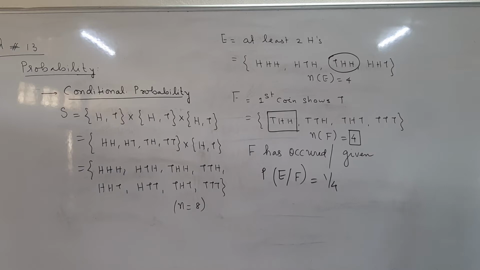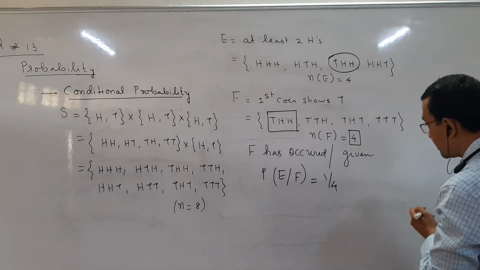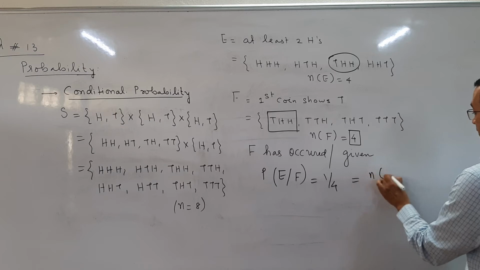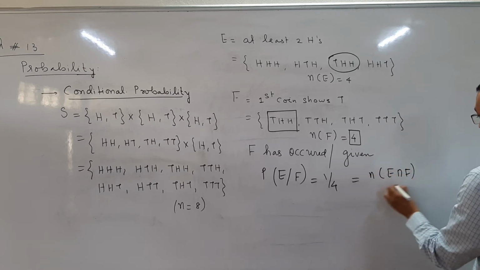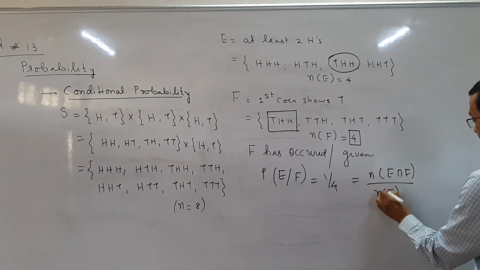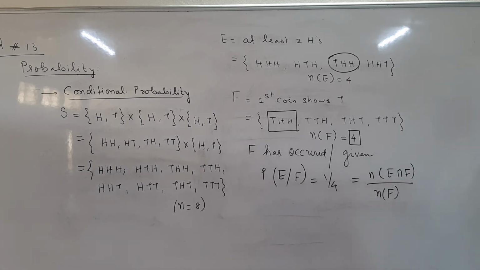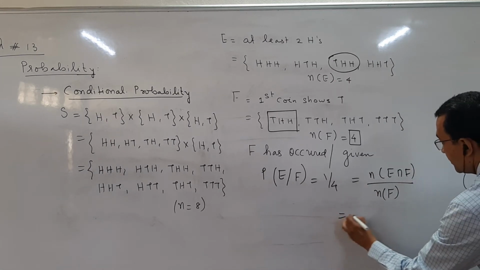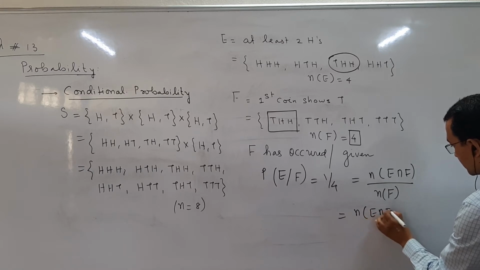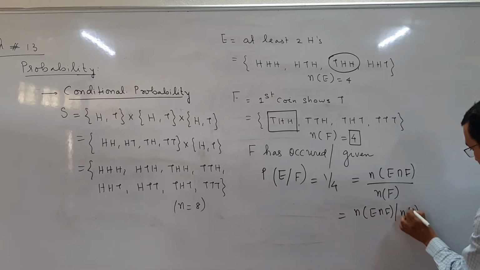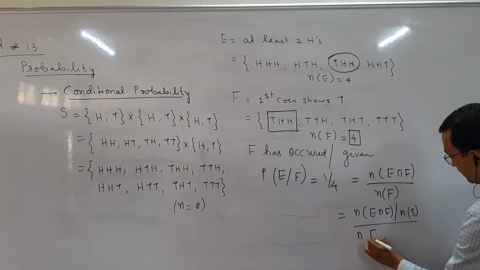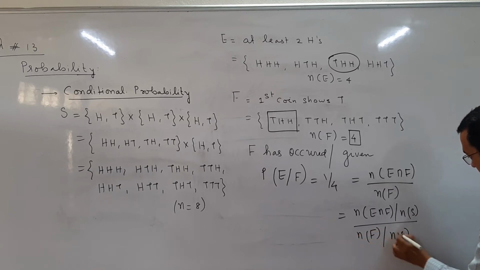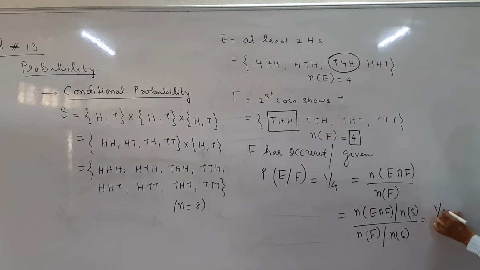Now students, this is interpreted as the number of elements favorable to E and F upon the number of elements which are there in F. And this can be divided and written as n of E intersection F upon n of S, and n of F divided by n of S, which is nothing but 1 by 8 upon 4 by 8, and that is written as 1 by 4.